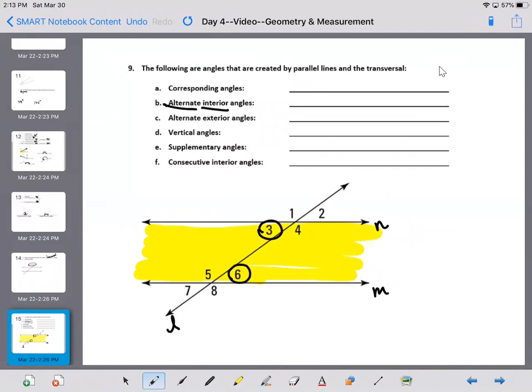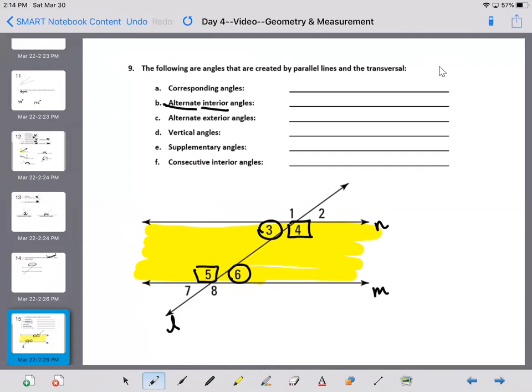And 5 and 4. So 3 and 6 are both acute, and they're both alternating the sides of the transversal. 4 and 5 are both obtuse, and they are alternating both sides of the transversal.